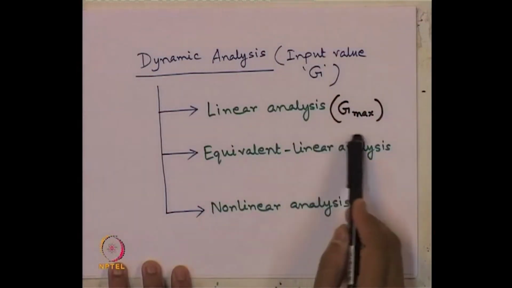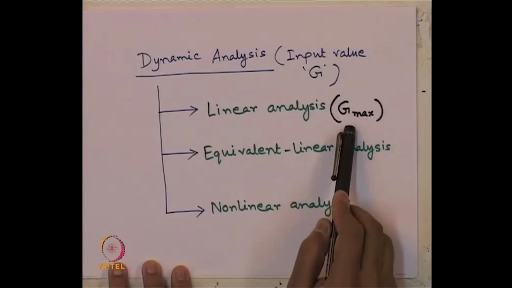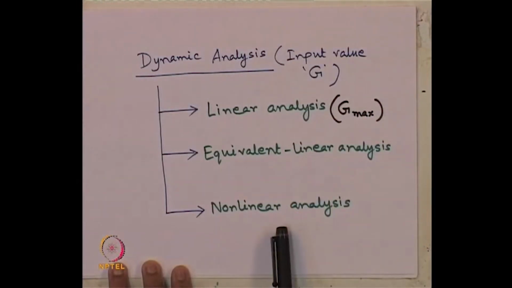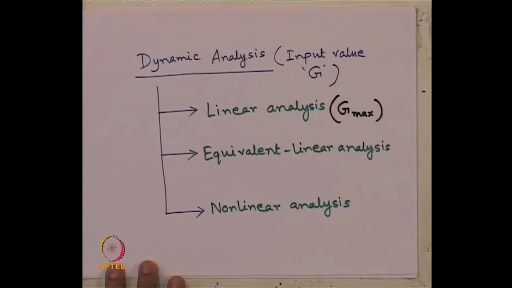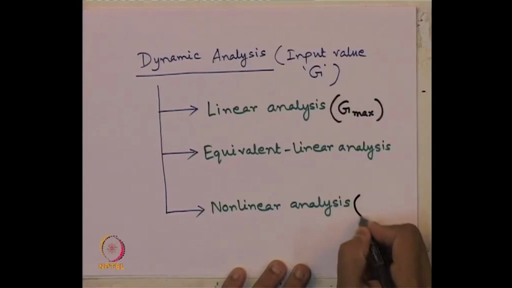Because in that case we cannot use G max only, because G max remains constant, but as we have seen in the curve of tau versus gamma, the slope keeps on changing as we change the shear strain or as we go from one cycle to another cycle of loading. So, which value of G should we use in this case?